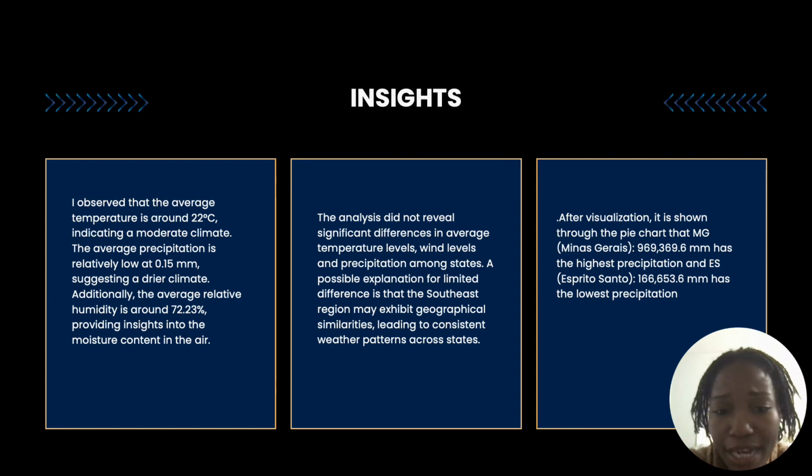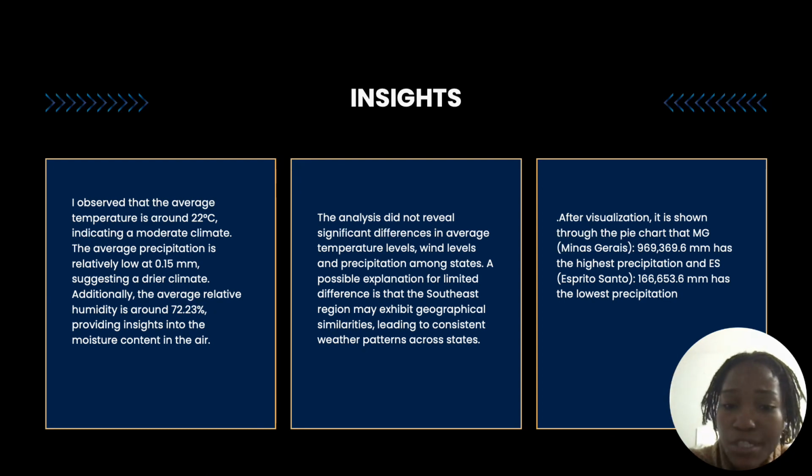For the second question that I asked, the analysis didn't really reveal a significant difference in the averages of the temperature levels, winds and precipitation. If you recall the bar chart that I showed initially, we can see that the levels are almost the same, even though there's a slight difference between all four states.